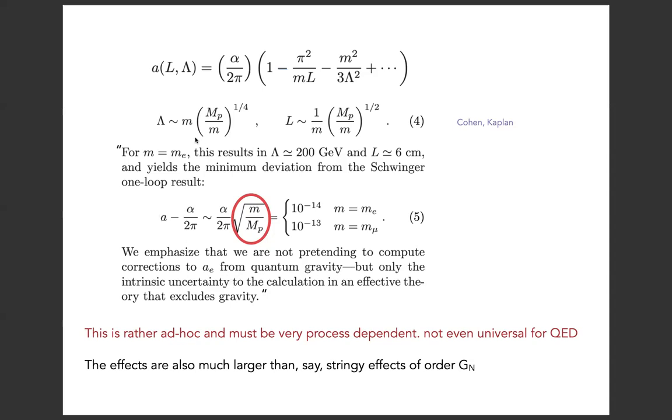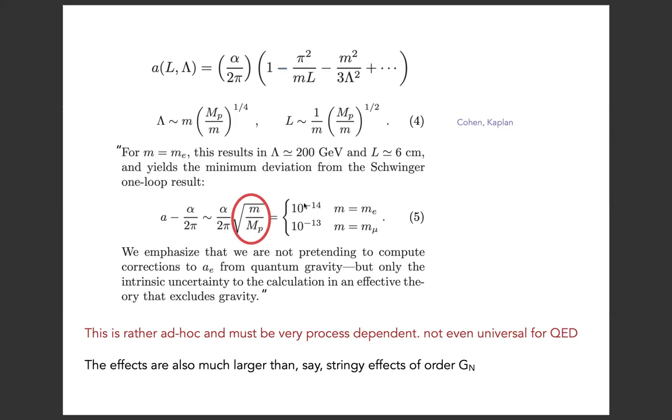The scales you get are kind of weird: a UV cutoff of 200 GeV and an IR cutoff of 6 centimeters. The final result is a correction to g-2, of which much has been made recently, that goes like a root of 1 over m Planck, which is again a rather weird scaling.